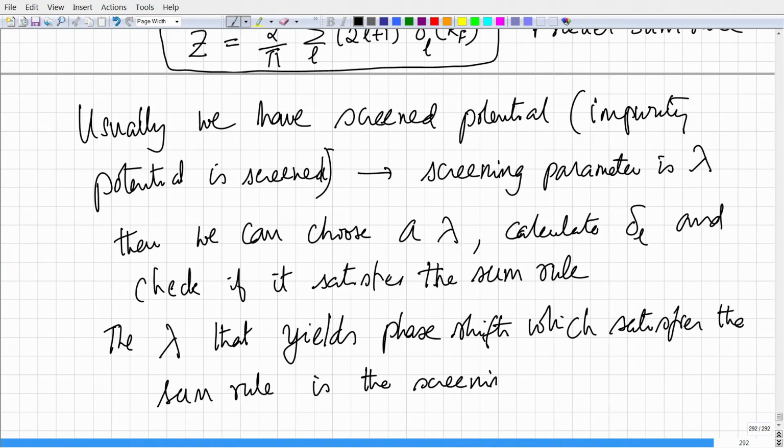So, you see, we can easily fix the screening constant for the potential by calculating the phase shifts and using the Friedel sum rule.